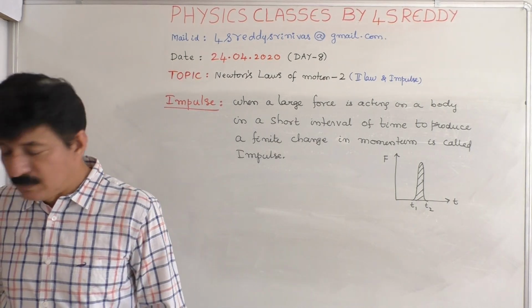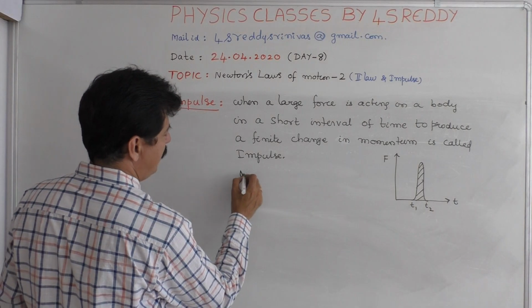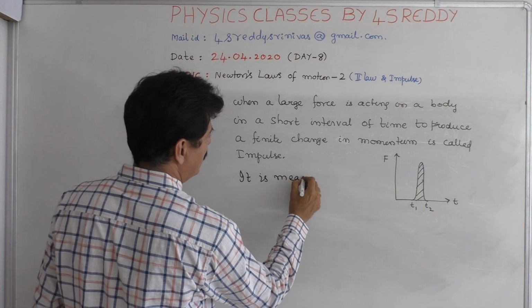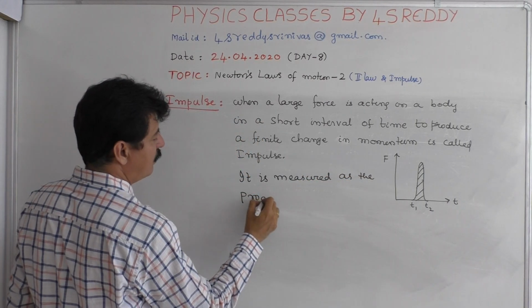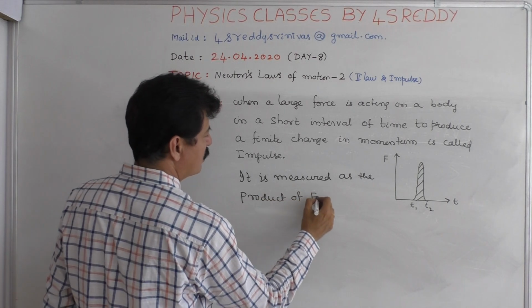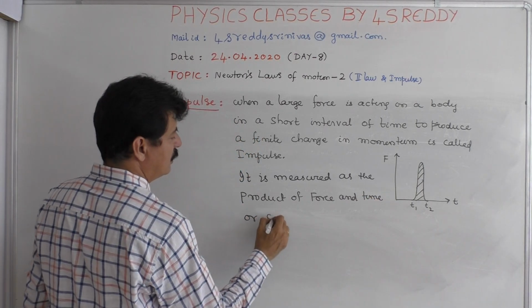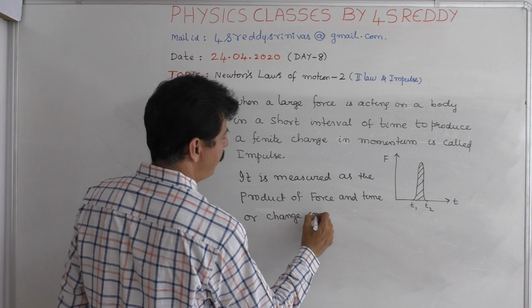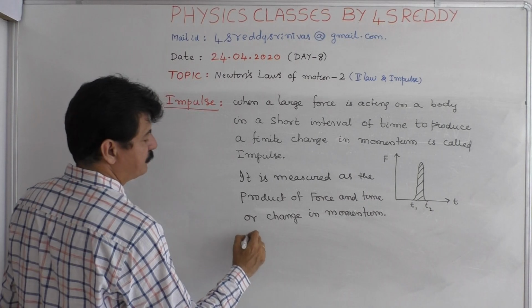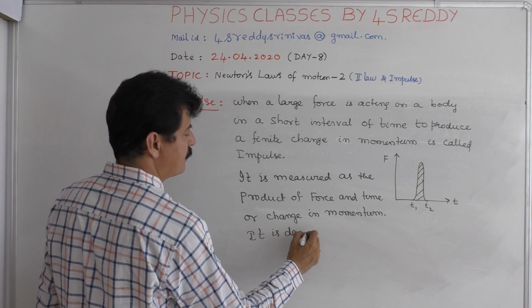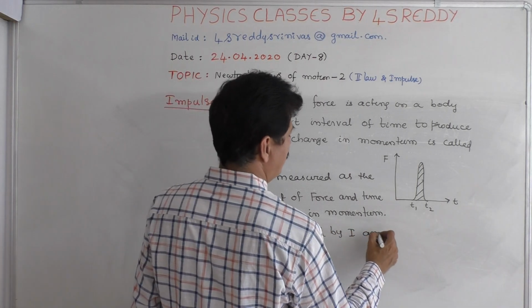And here it is measured as the product of force and time, or change in momentum. It is denoted by capital I and is a vector quantity.